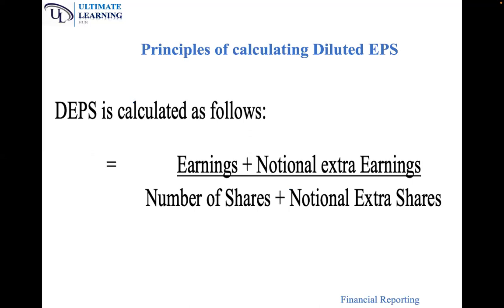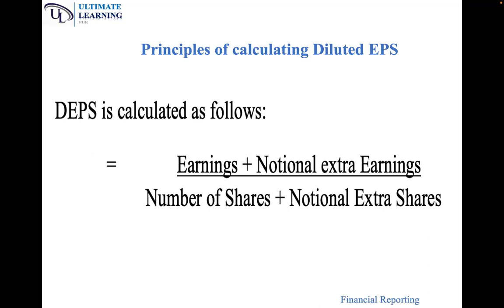Now, in calculating the diluted EPS, that is, I'll abbreviate it as DEPS. In order to calculate the diluted EPS, the formula is earnings plus notional extra earnings divided by number of shares plus notional extra shares.